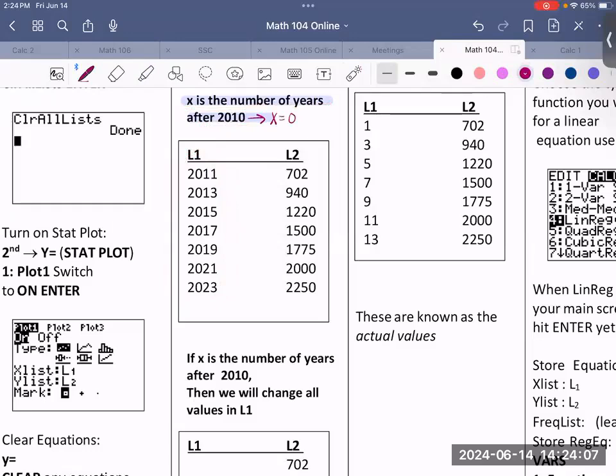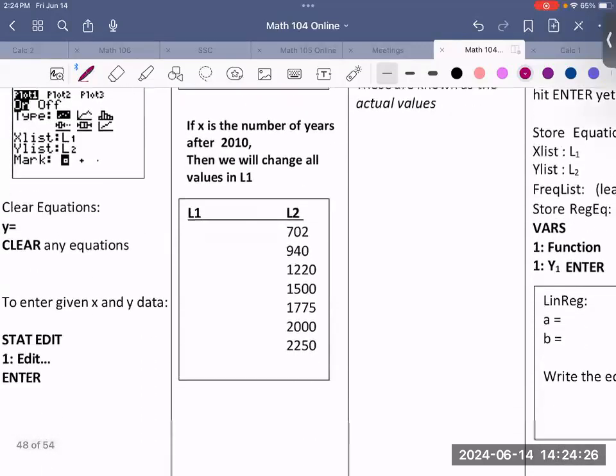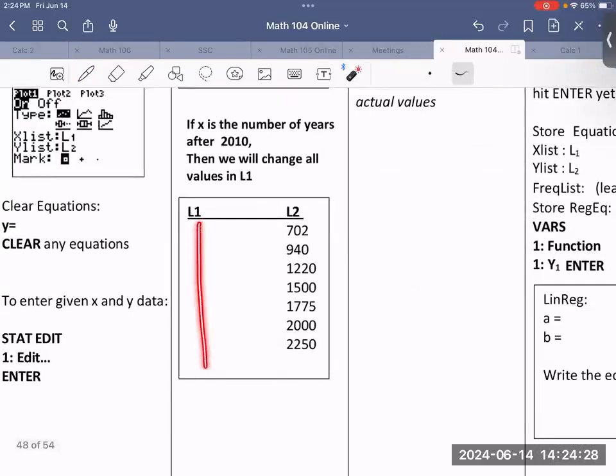So what would the 2011 X value be? Well, X would be equal to 1. And then over here, 2013 is X equal to, not 2, but 3. So let's see if we can continue this trend and write our new values in list 1.